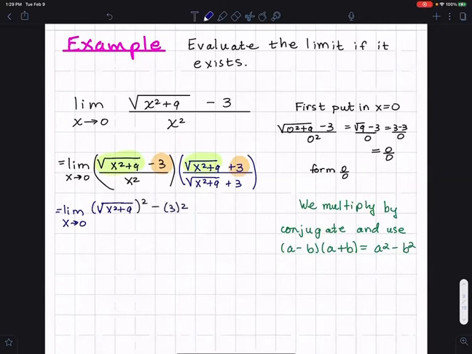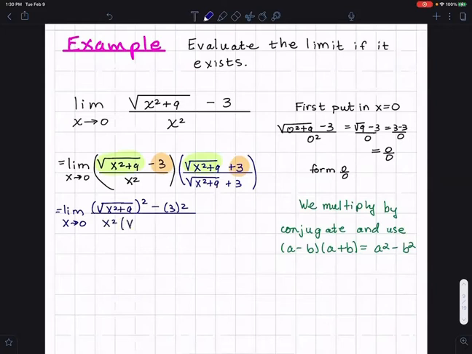Okay, that's what I get with the numerator, because I have a minus b times a plus b. That's what I mean by multiplying by the conjugate. And the reason I'm doing that is because the radical when squared cancels. The radical and the squared cancel. Inverse operations.